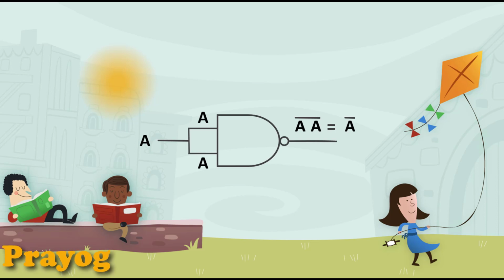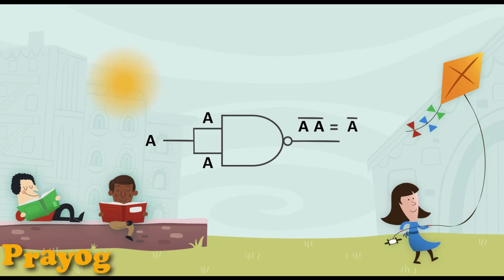Let us see how these gates can be used to design basic gates, and also through this video you will understand the speciality of NAND gate as well as NOR gate. Let us start our discussion through the NAND gate. Consider a NAND gate. You can observe that the NAND gate presented on the screen is having two inputs which are being shorted and connected to a single data source.